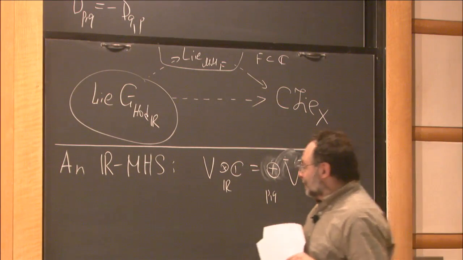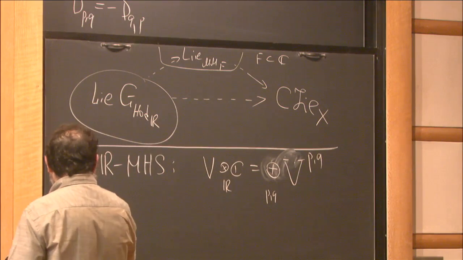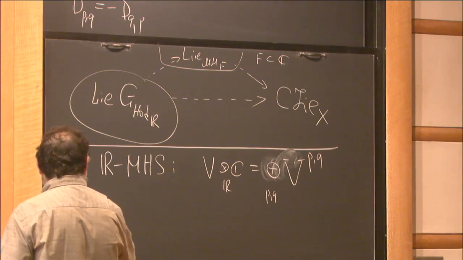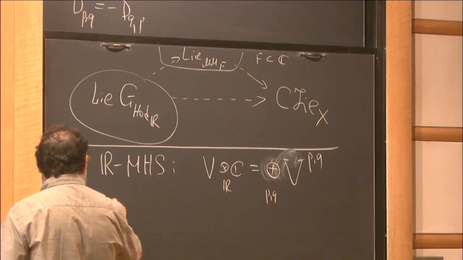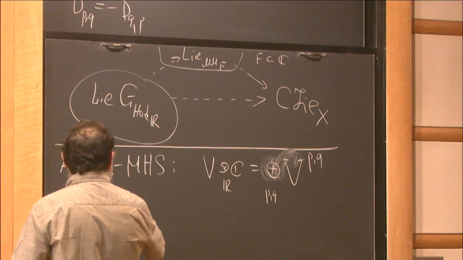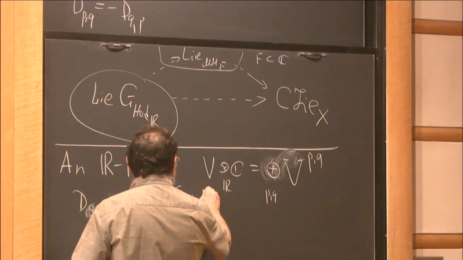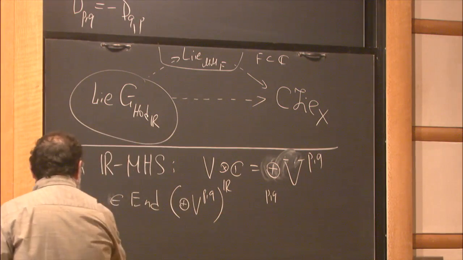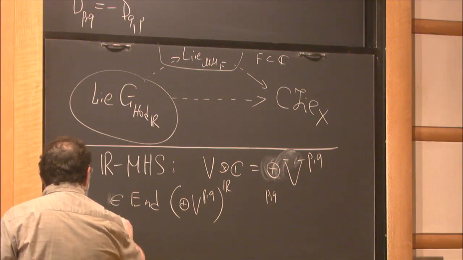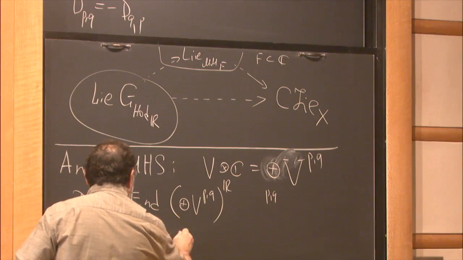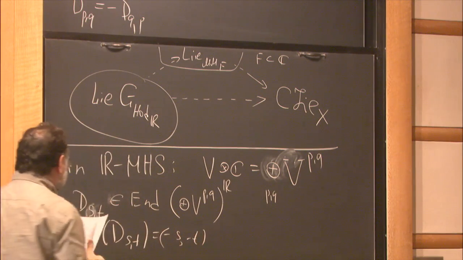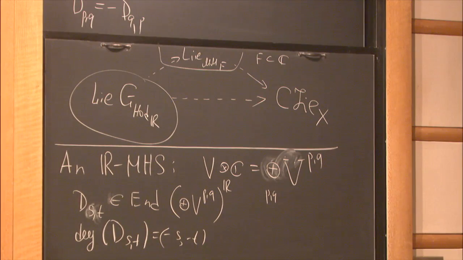And then there are operators, let me call them dst, which belong to endomorphisms of this bigraded object. And the main point is that the degree of this dst is minus s minus t. So this operator d shifts degree by minus s minus t.